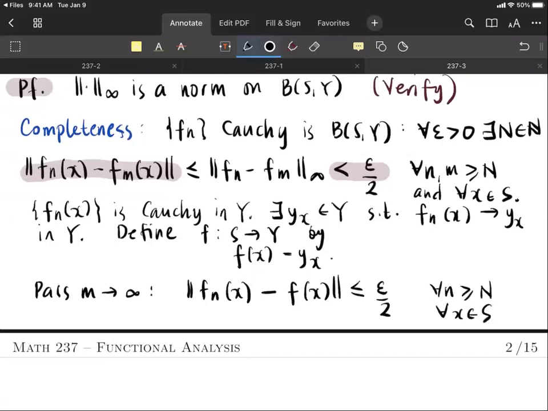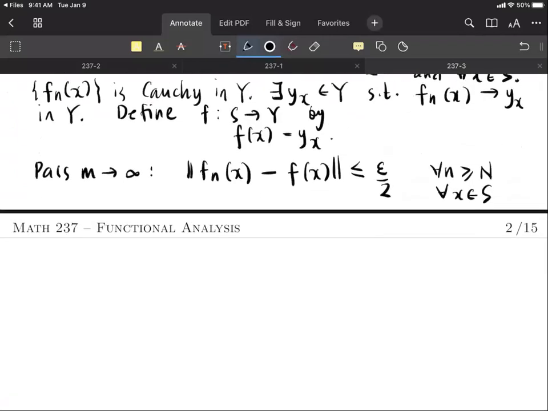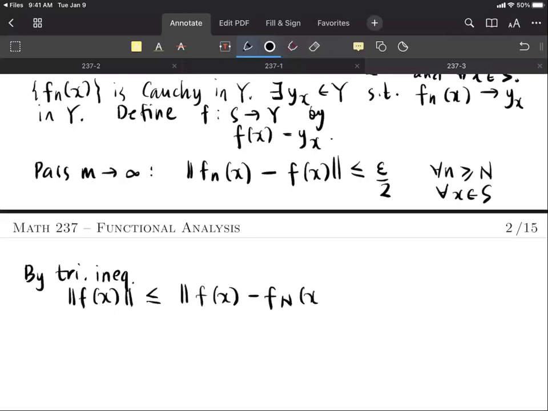Okay. Now, by the triangle inequality, what do we have? The norm of f of x is less than or equal to, so here I introduce the intermediate point f sub capital N. This is the least integer wherein this inequality is valid.